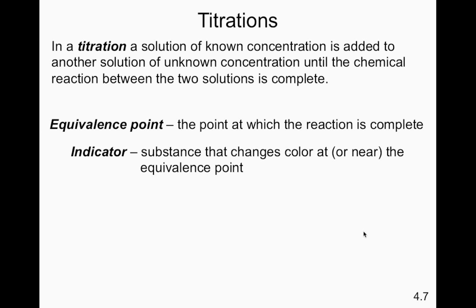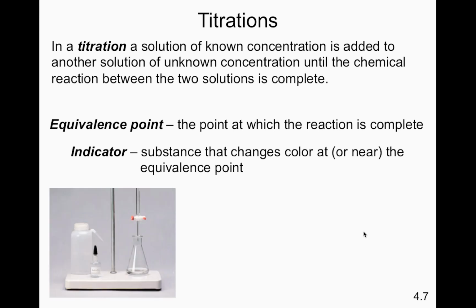Indicators are the dyes that change color as the pH changes. So this is what it looks like here. We have a burette, which is graduated to about a tenth of a milliliter, and we're going to add our solution to it. In the flask already would be a solution, probably of known concentration. So we have one solution already in the flask, and we've got another one to add to it, and here's our indicator.